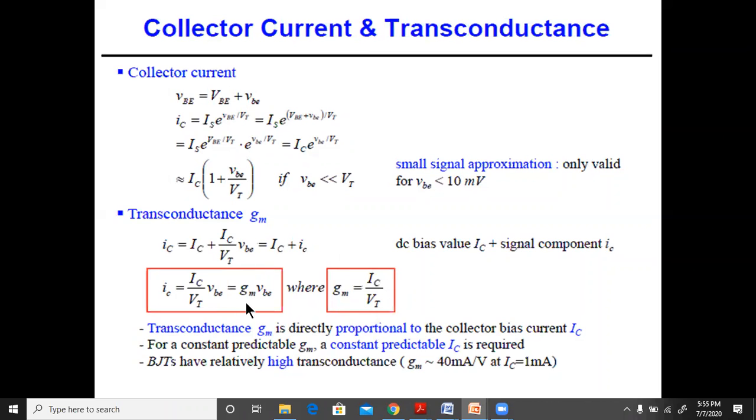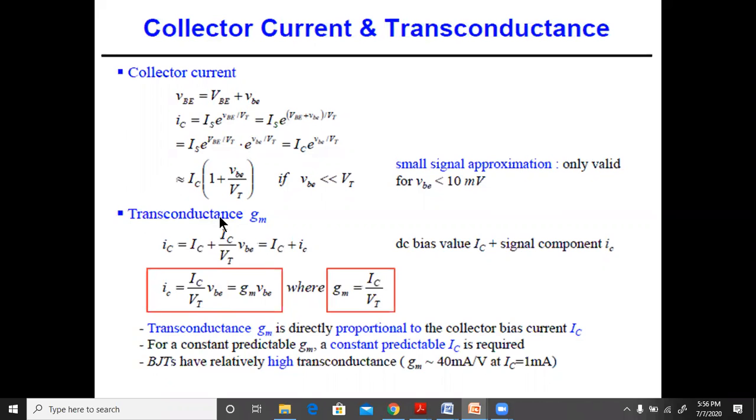Now, why do we call it GM at all? The term GM is referred to as transconductance. And what is this? Conductance just means current by voltage, and trans is basically referring to transfer. Transfer just means output by input.